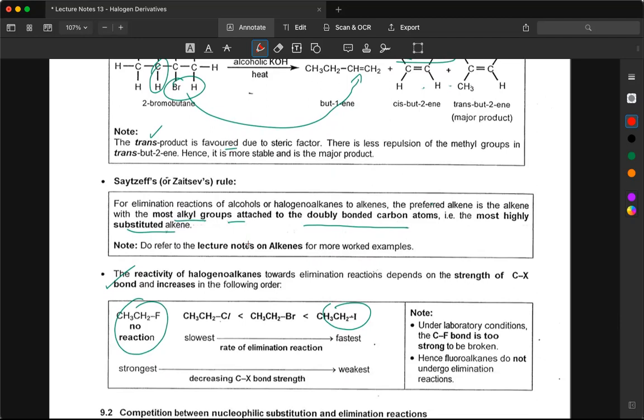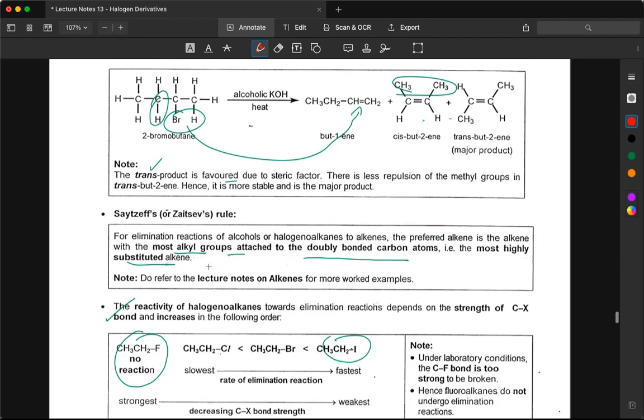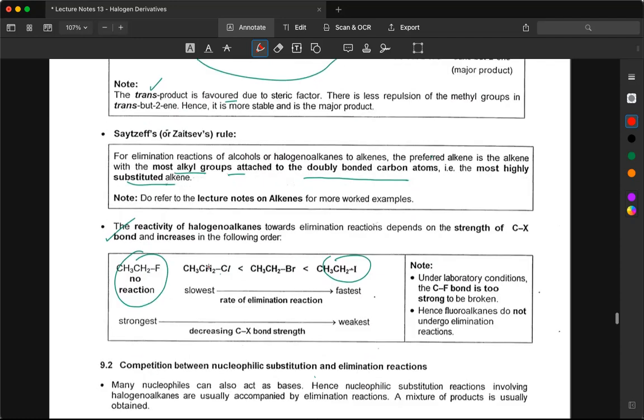Now, Zaitsev's rule states that for elimination reactions of halogenoalkanes to alkenes, the preferred alkene is the alkene with the most alkyl groups attached to the double bond carbon atoms, which is the most highly substituted alkene.